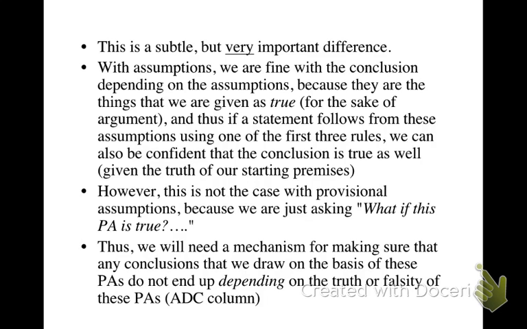So this is the big rule: the final line of a proof cannot depend on a provisional assumption. The ADC column, which stands for Assumption Dependence Column, will be the mechanism by which we will trace what depends on what. We'll keep track of the dependencies as we work through the proof.